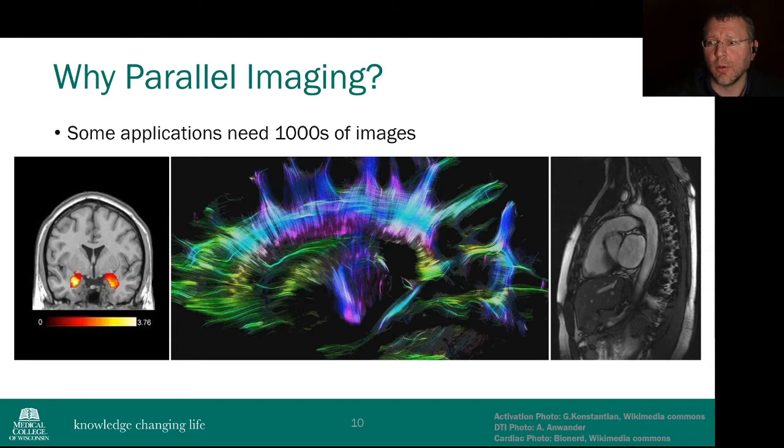And when you get a whole bunch of those images, thousands of them, you can actually statistically identify the probability of water diffusing in one particular direction, namely along those axons. So here, again, you need that whole brain imaged. But you need thousands of images to get that statistical probability map of the direction that the water is going to be diffusing.